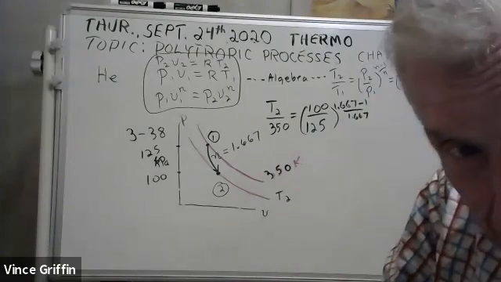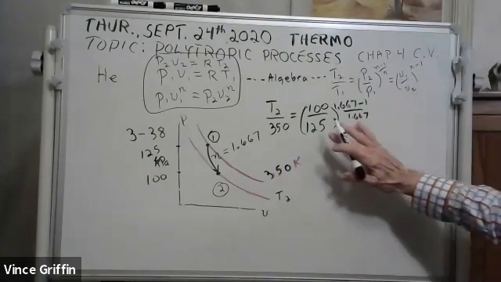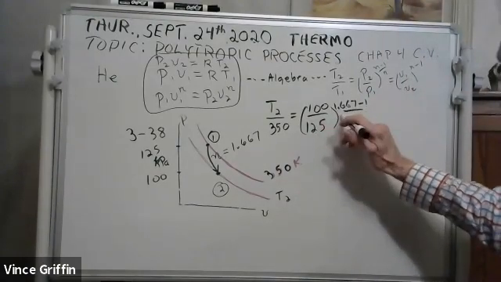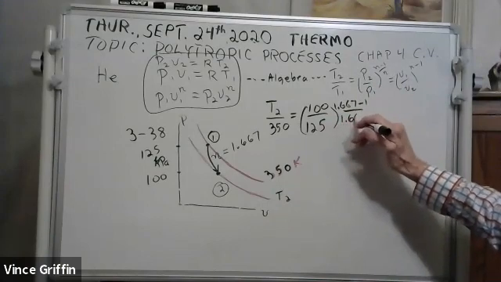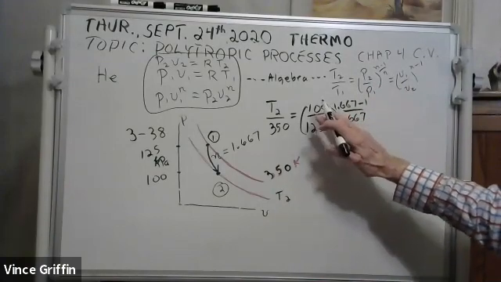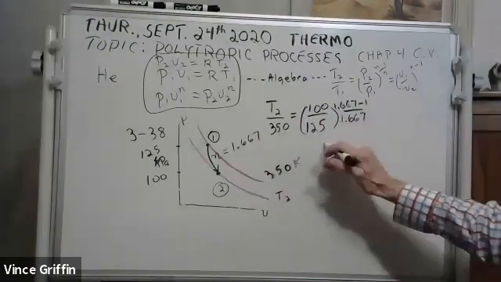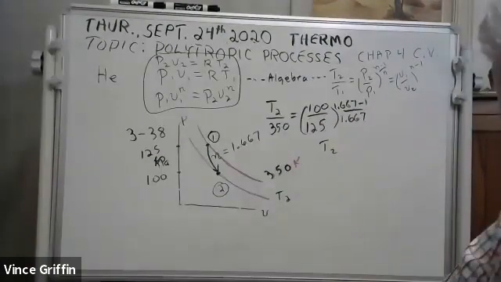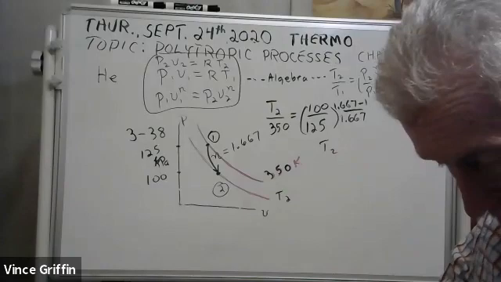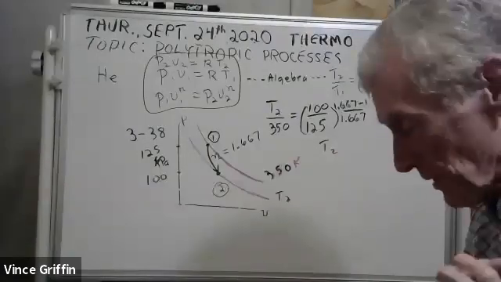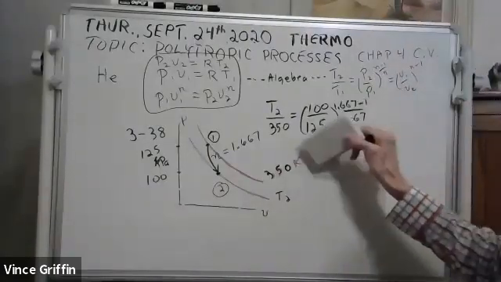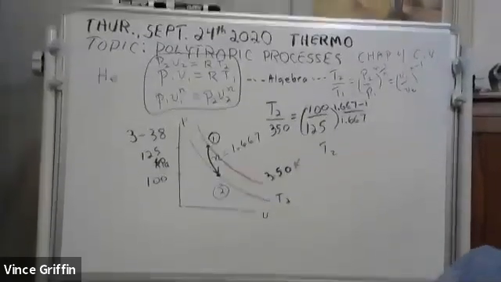Hope you can read my writing there. It's a little bit sloppy. Okay, now we're going to plug that in and get T2. Go ahead. I'll give you a minute. Go ahead and solve for T2, please.